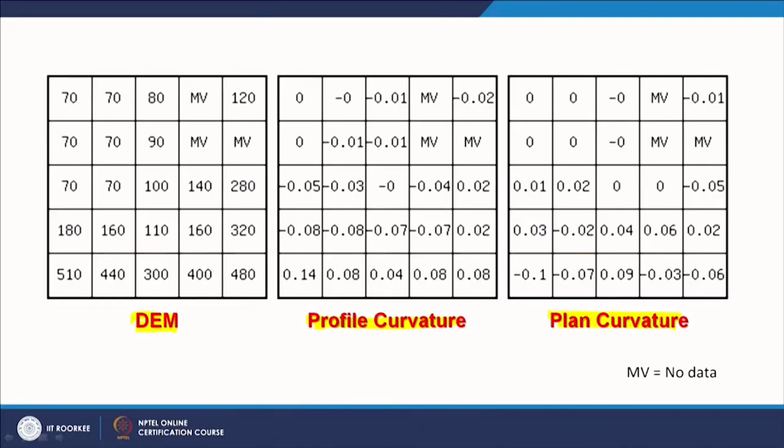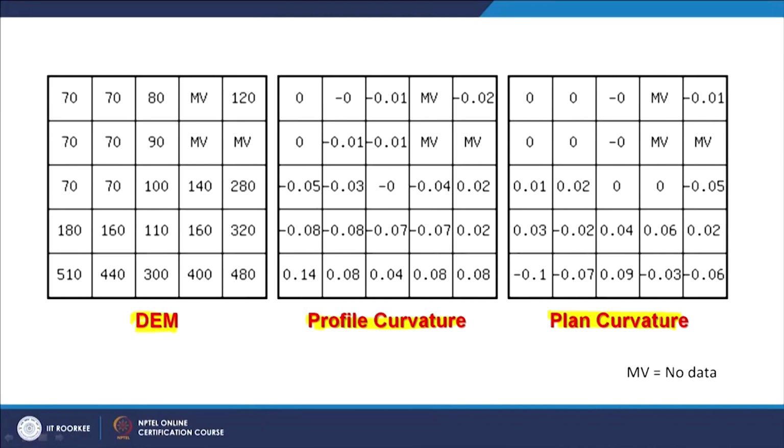Now, let us take examples at the value level, that is the cell value level. So, this is our digital elevation model. This is the profile curvature output. Using that same digital elevation model, this is the plan curvature, and you can see that things are varying.